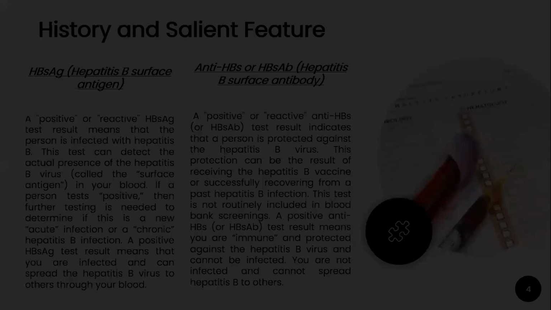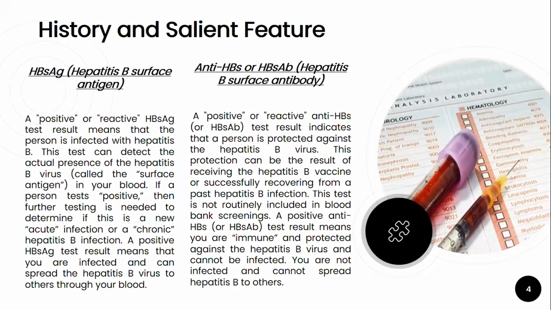For further discussion, HBsAg, or hepatitis B surface antigen: a positive or reactive HBsAg test result means that the person is infected with hepatitis B. This test can detect the actual presence of the hepatitis B virus, or what we call the surface antigen, in the blood. If a person tests positive, then further testing is needed to determine if this is a new or acute infection or a chronic hepatitis B infection.